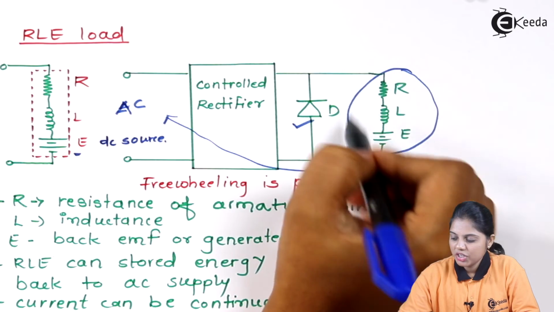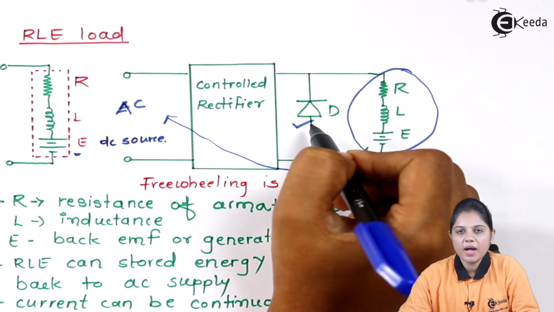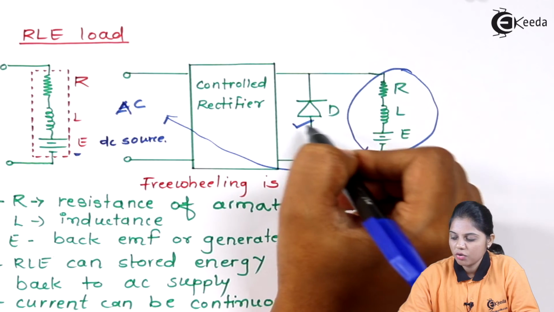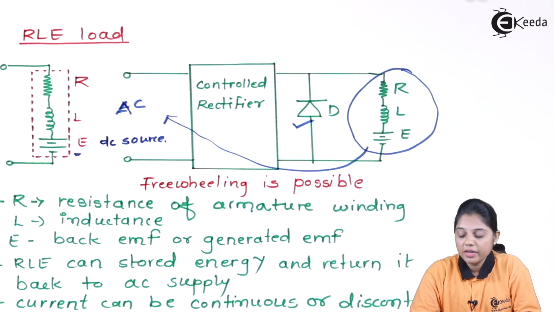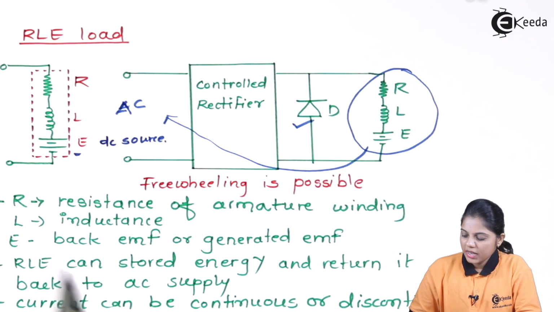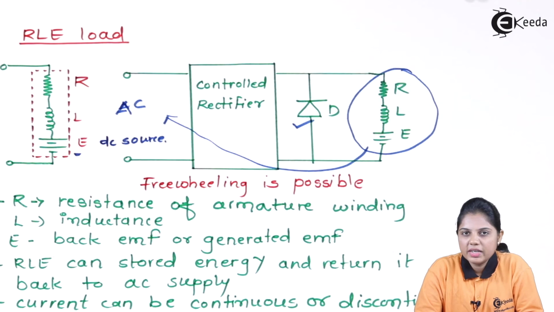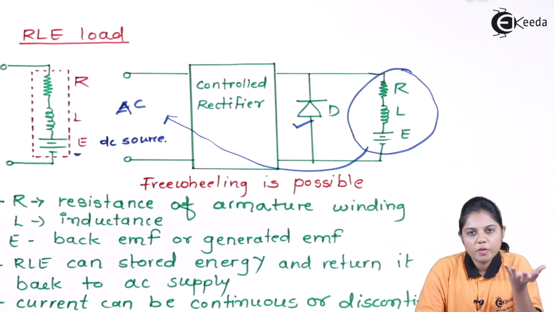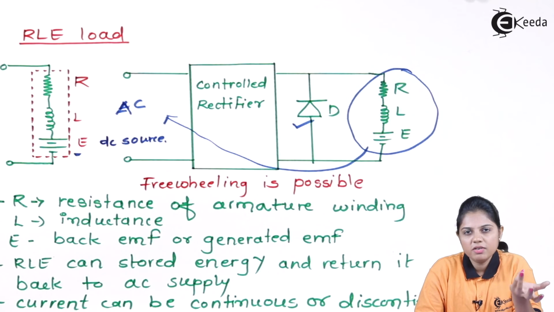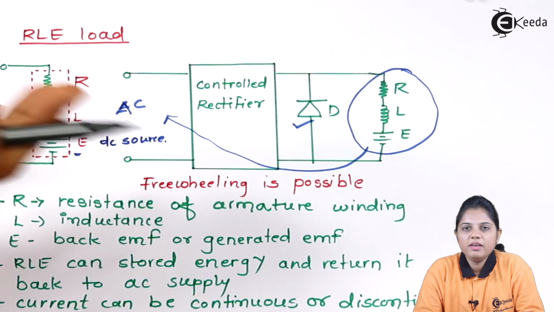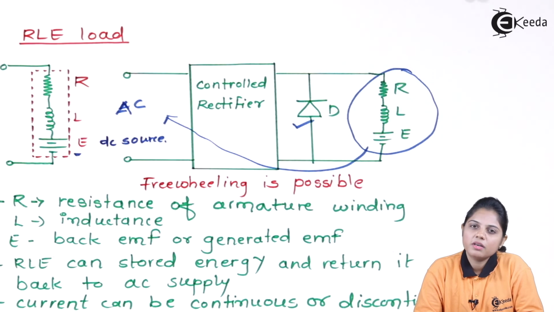The stored energy in RLE will forward bias this diode, and with the help of this diode, you can feed back the energy to the input signal. Here current can be continuous or discontinuous, that is it depends. In the previous RL type mode, we have seen that current was a continuous and it was a ripple free, but here in RLE load, your current might be a continuous current or it can be a discontinuous current. That does depend on the configurations or the circuit which you are connecting with the load.